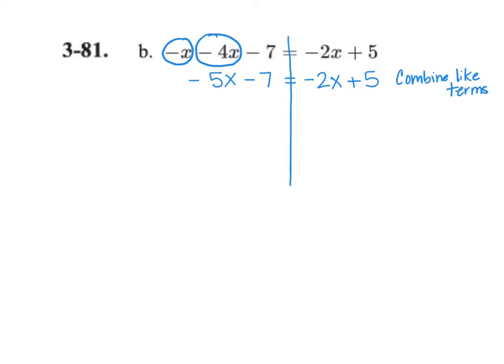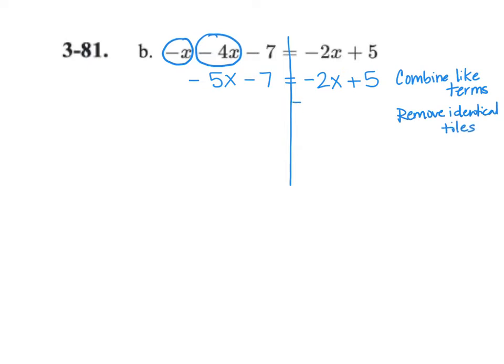Now I can see that on the left-hand side, I have 5 negative x tiles, and on the right-hand side, I have 2 negative x tiles. I can remove identical tiles. So I can remove 2 negative x tiles from both sides.